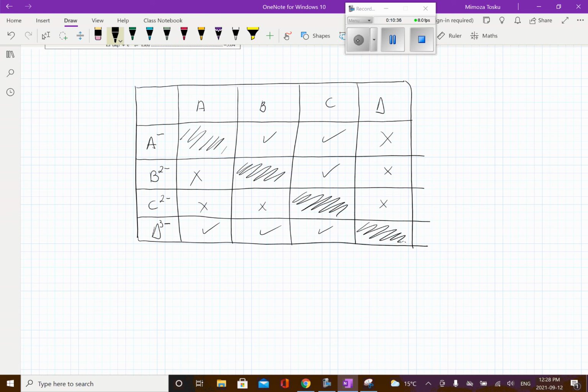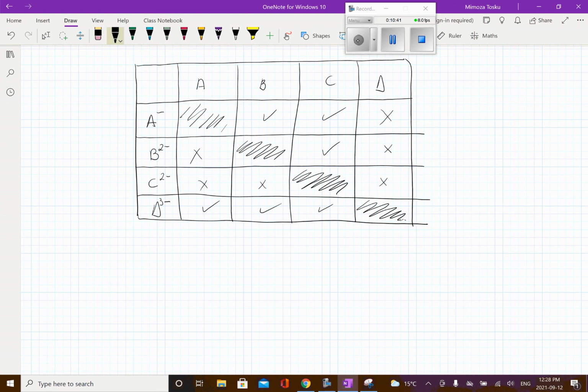Now the types of questions that you will see will be either: list the strongest oxidation agent, list the oxidation agents from strongest to weakest, or list the strongest reducing agent, reducing agents from strongest to weakest, or predict if a reaction will happen, predict.